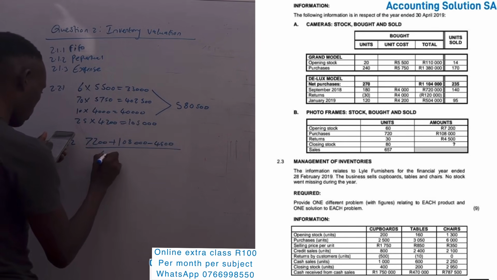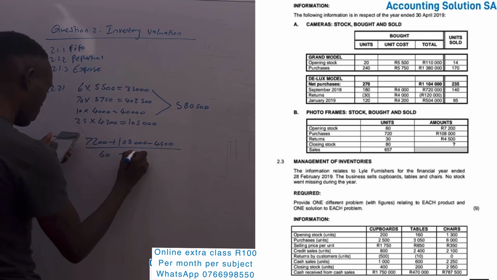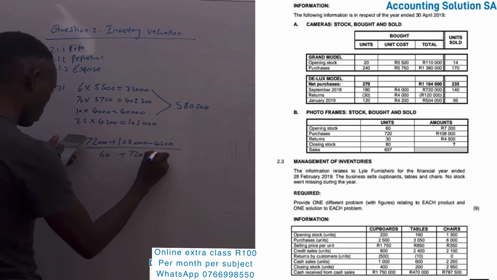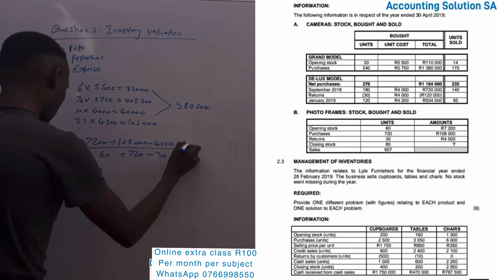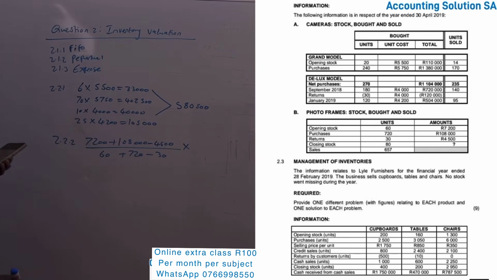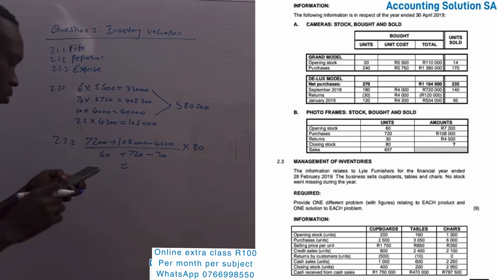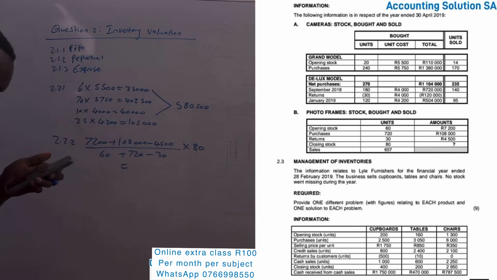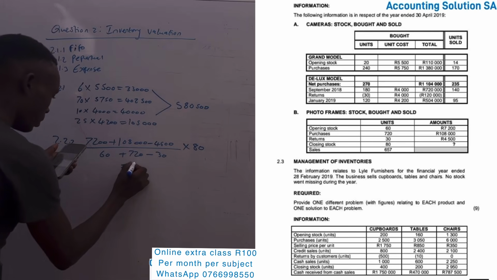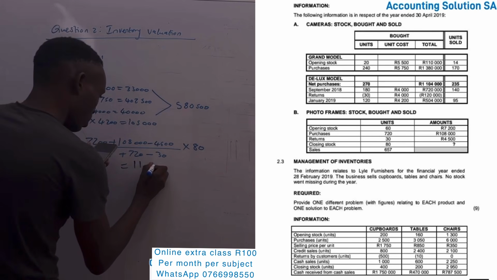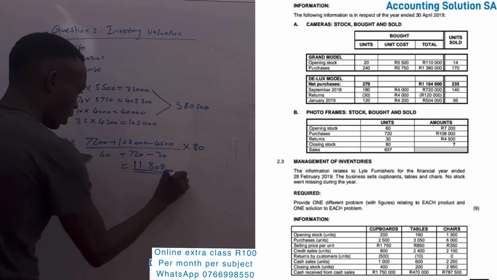We have 60 at the beginning, we purchase 720, and we return 30. After that we need to multiply by our closing of 80 units, which is going to give us 11,808. That's how we calculate it.